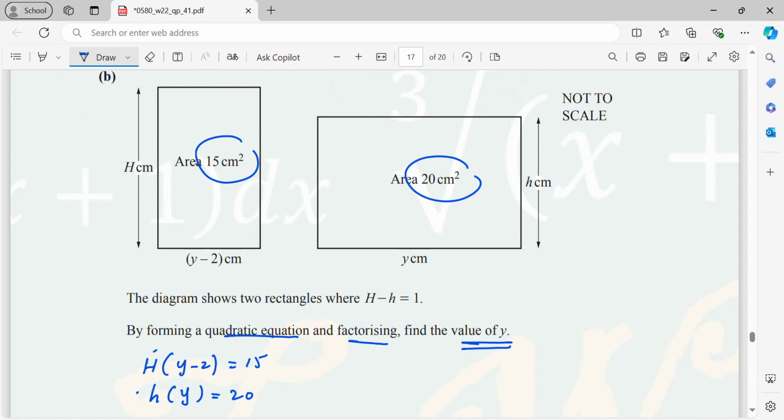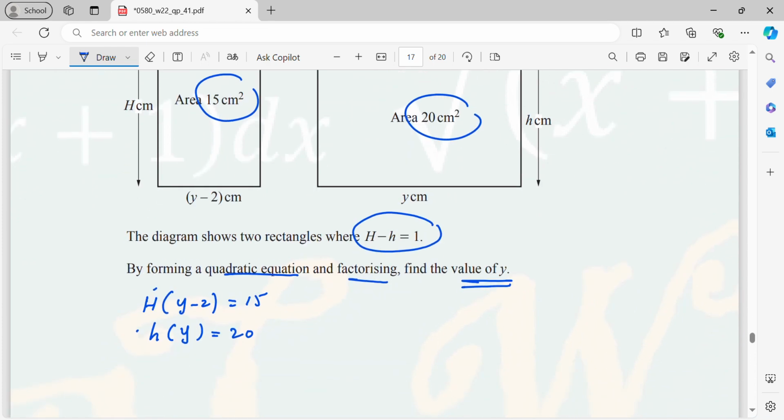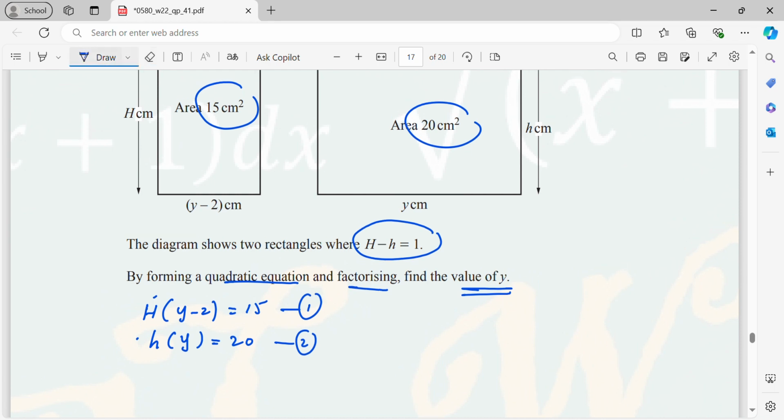I will keep the lowercase letter h. So I let this be the first equation, and this is the second equation. Then capital H minus lowercase h is 1. That means capital H equals 1 plus lowercase h. This is the third equation.